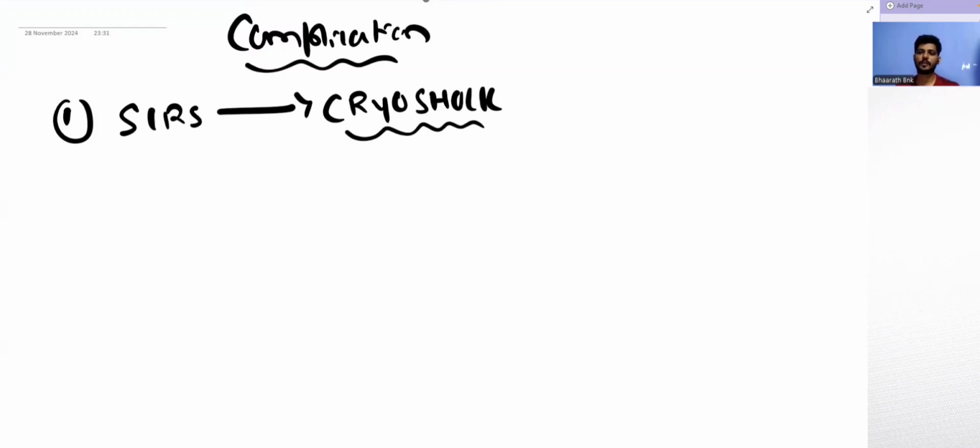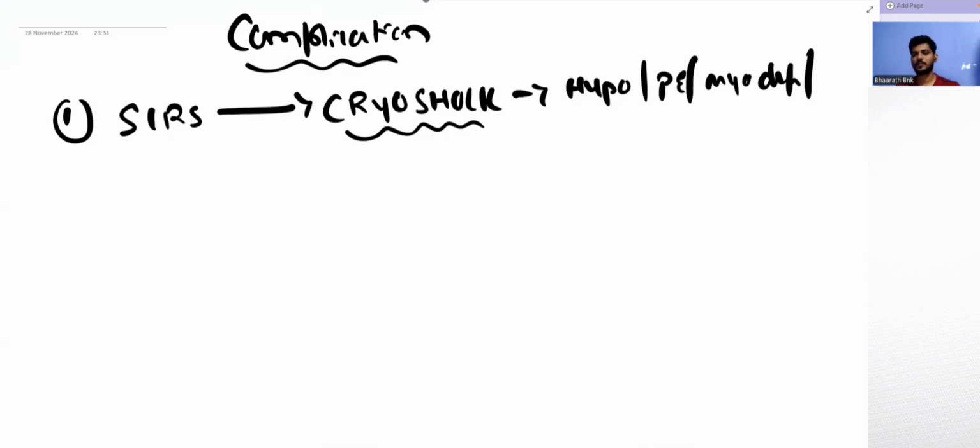Cryoshock usually happens when cryoablation is done to larger areas, larger tumors, large organ tumors, where a lot of inflammation happens, and this will trigger SIRS. The patients can go into hypotension, pulmonary edema, myocardial depression, or even disseminated intravascular coagulation.